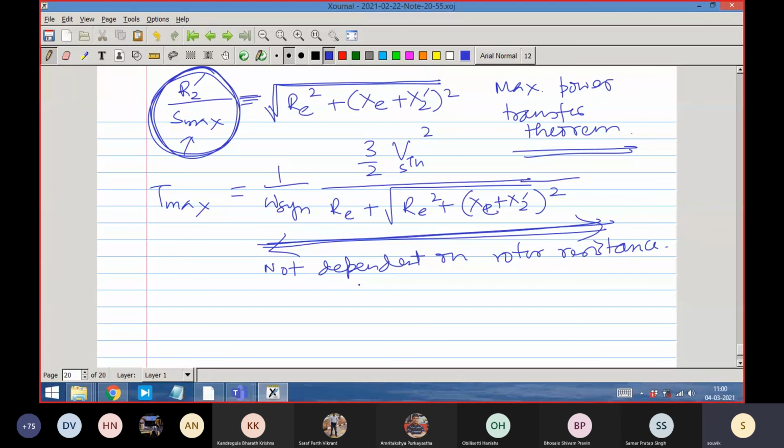But this is the application of the maximum power transfer theorem, and this is the expression of the maximum torque. And the slip at which it happens is this. Okay, then I will stop now here. In the next class, we have some more things to talk about. Thank you very much for listening.